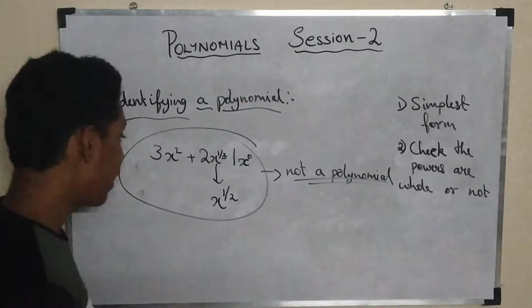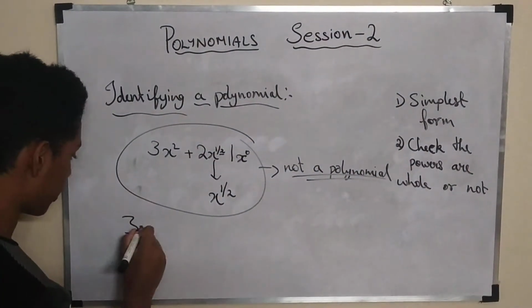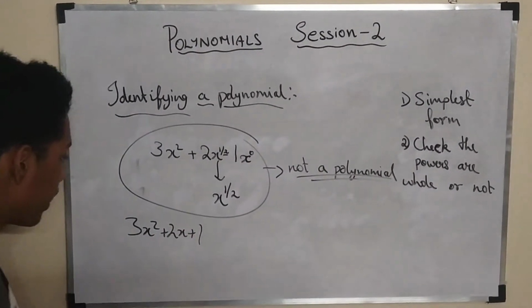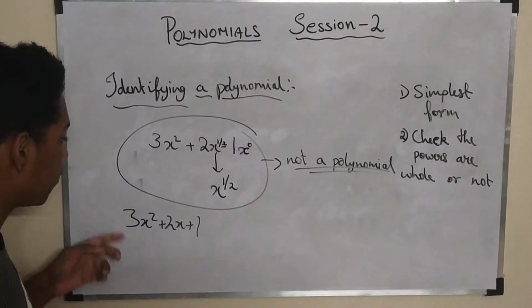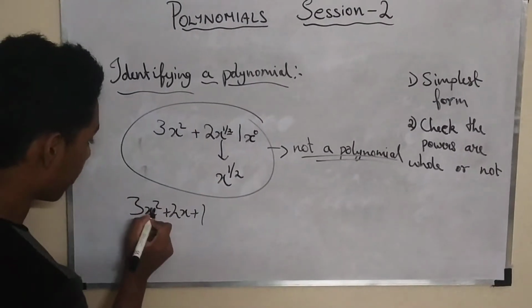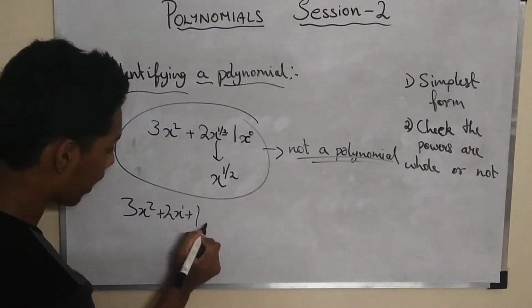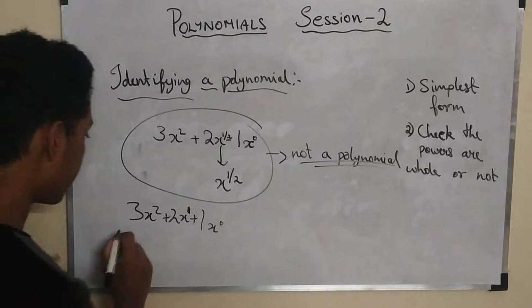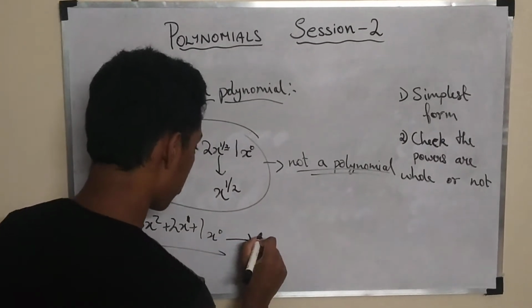Remember that. But in the case we took first, 3x square plus 2x plus 1, we don't see any fractions. We only see whole numbers, which is 2, which is 1, and here x power 0. So only whole numbers. So in this case you can say that it is a polynomial.